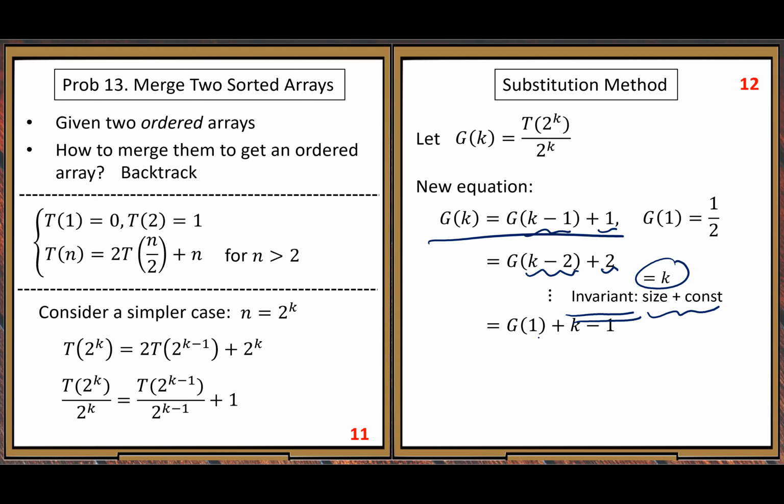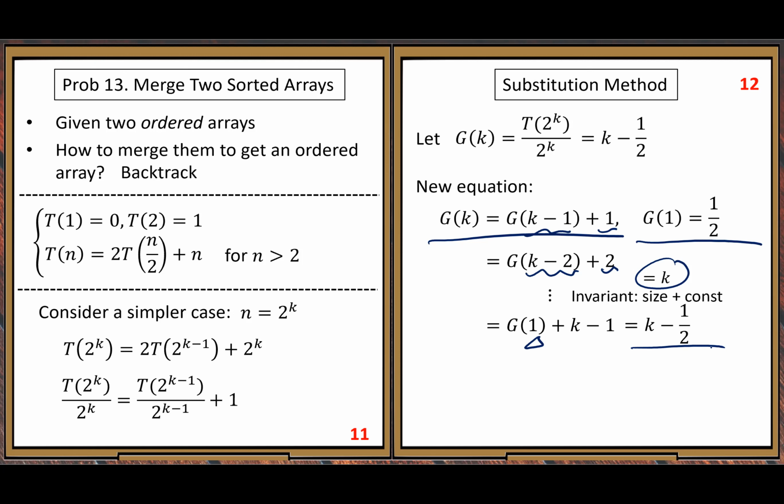At the end, when size equals 1, the constant part should be k minus 1, because their sum must be that k number. And because g of 1 equals 1/2, we have k minus 1/2.